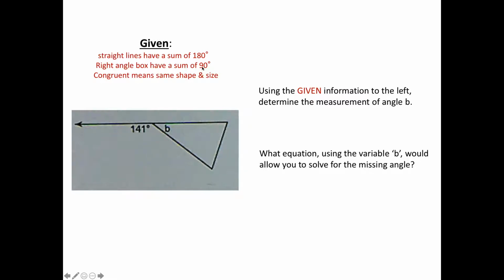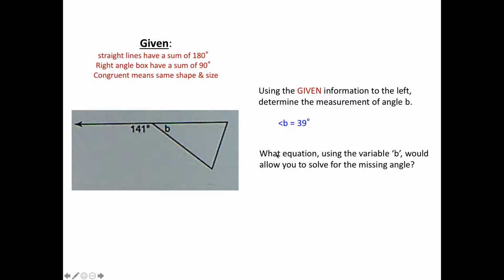So if I take 180 and subtract 141, I should get angle B. 180 minus 141 is 39 degrees. So angle B is equal to 39 degrees.